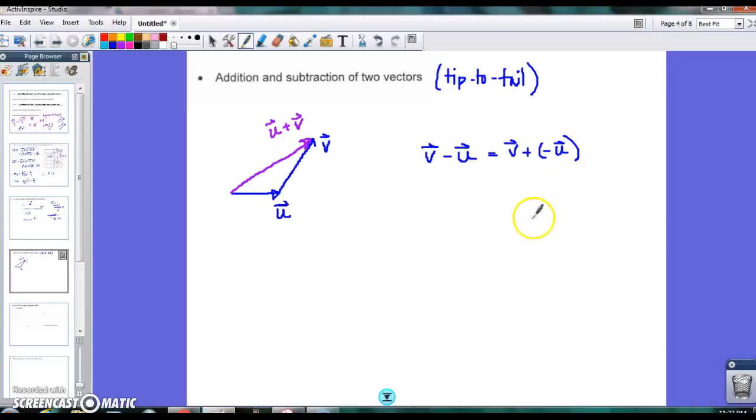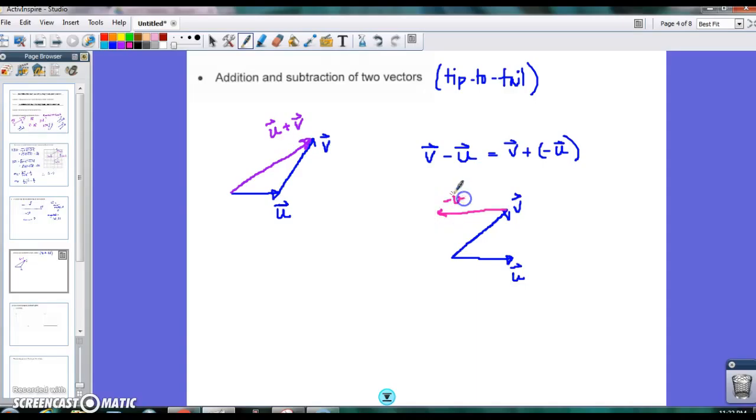And so if my vectors are u, here's u, and here's my vector v. So my vector v is here. If I wanted to do v plus negative u, I would start at the tip of v and then add to that negative u.